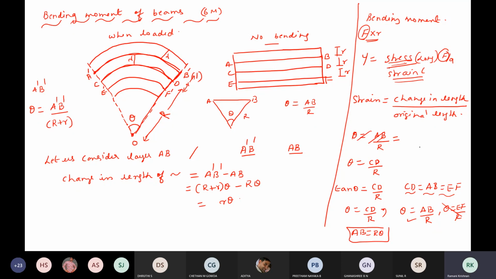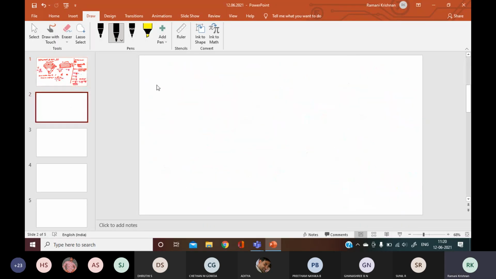Okay. So we got change in length. So we have got up to this change in length. So what is the original length? I'll take a new slide. Okay. Now tell me. What we said, strain is equal to longitudinal strain, change in length to original length.